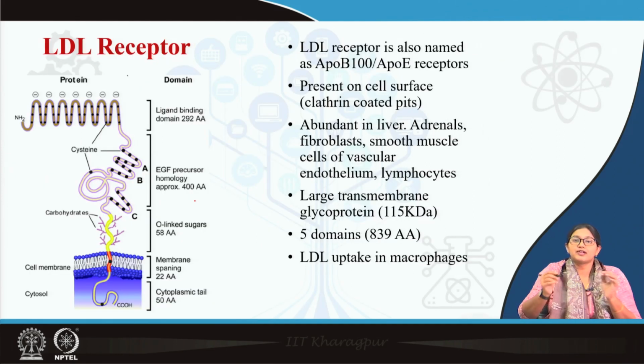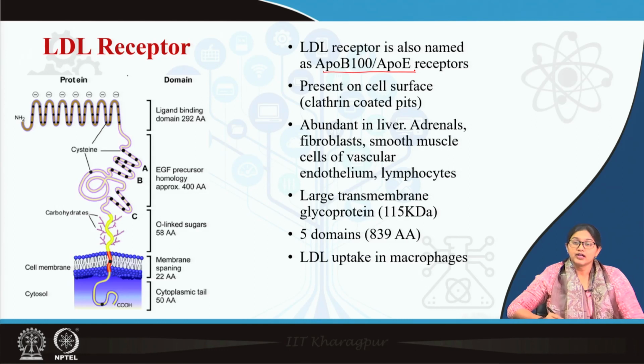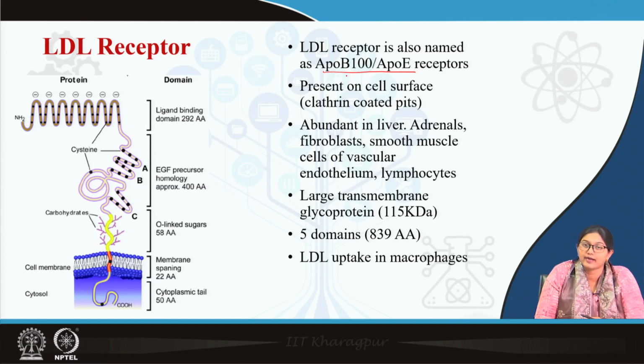The LDL receptor is also known as the ApoB100 ApoE receptor. Why is it called that? Because the LDL receptor senses ApoB100 or ApoE. This is the signaling molecule for the LDL receptor, acting as the ligand. The ligand for this receptor is ApoB100 or ApoE.